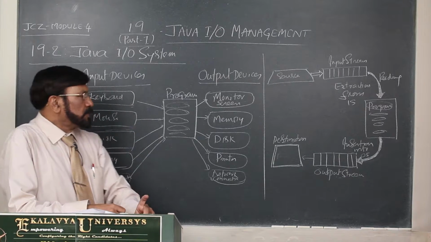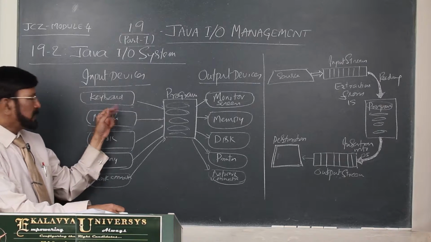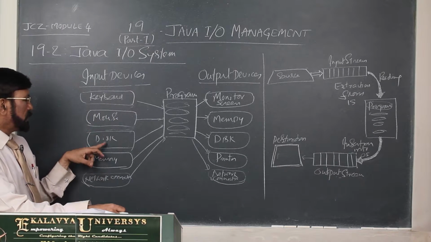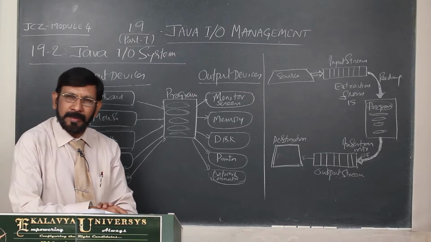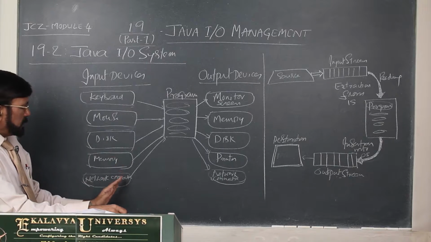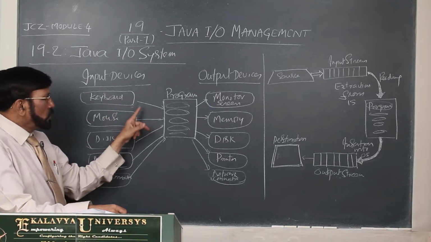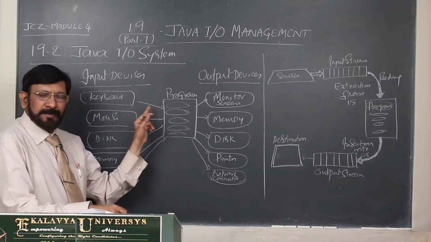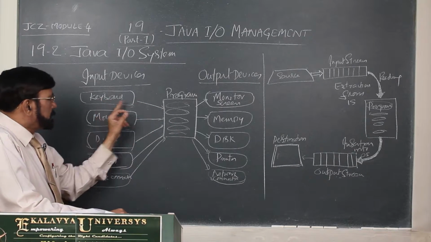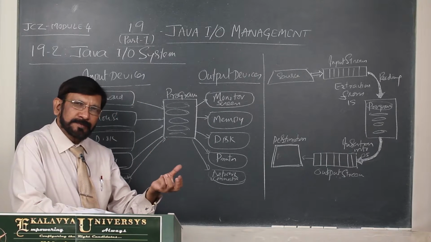Understand? So here you see the input devices like keyboard, mouse, disk, memory, network connection, because from all of them we can get input. Now through input streams, the data is transmitted to a program. What does a program do?